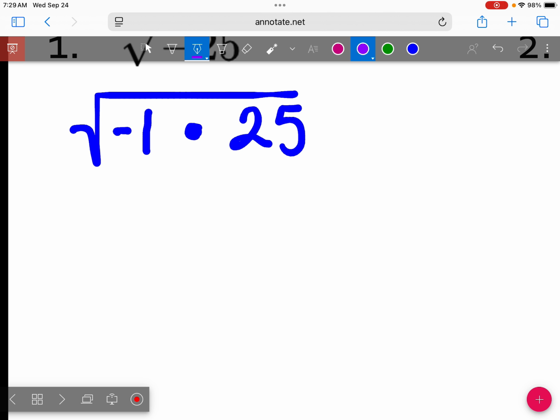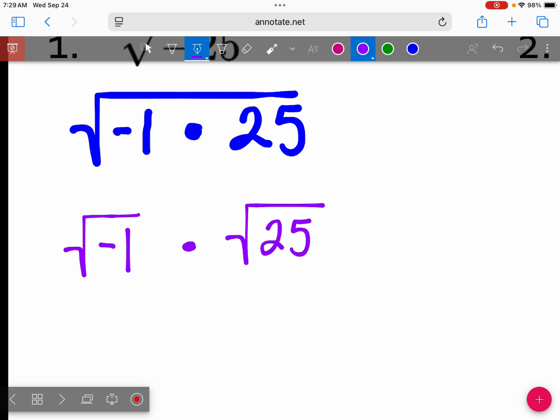When I do that and I split that apart into being a product, I can actually split that apart even further to make this be the square root of -1 times the square root of 25. I can break them apart into other things. They will remain being multiplied. This does not work if it's being added or subtracted. It's only for multiplication.